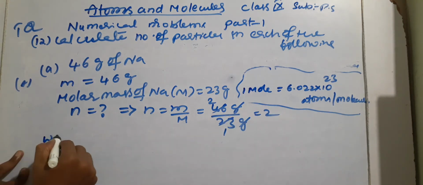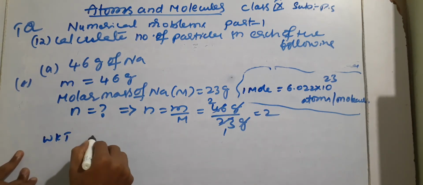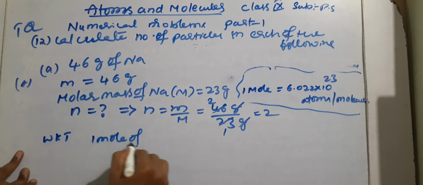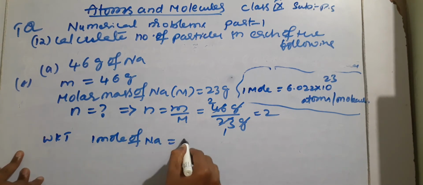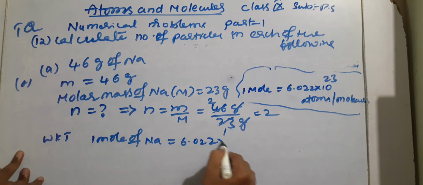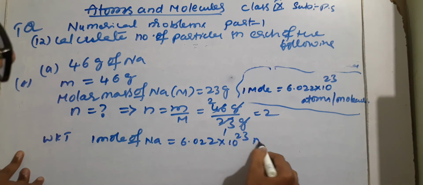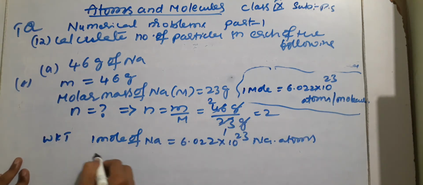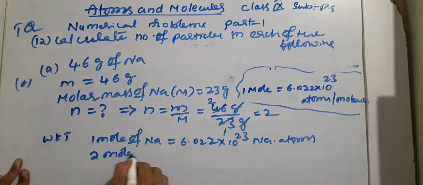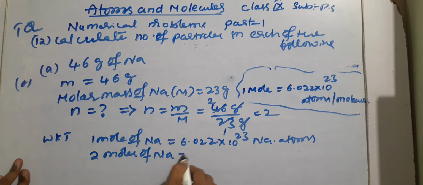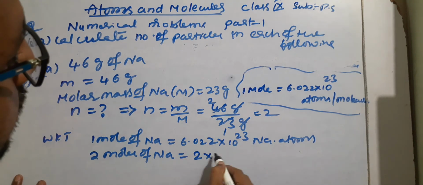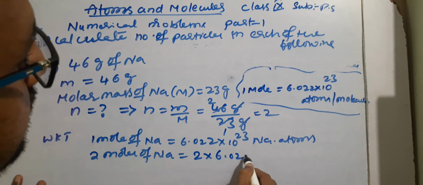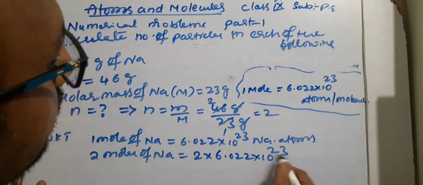So we know that 1 mole of sodium is equal to 6.022 into 10 power 23 sodium atoms. But how many moles came? 2 moles of sodium is equal to how many? That is 2 into 6.022 into 10 power 23.